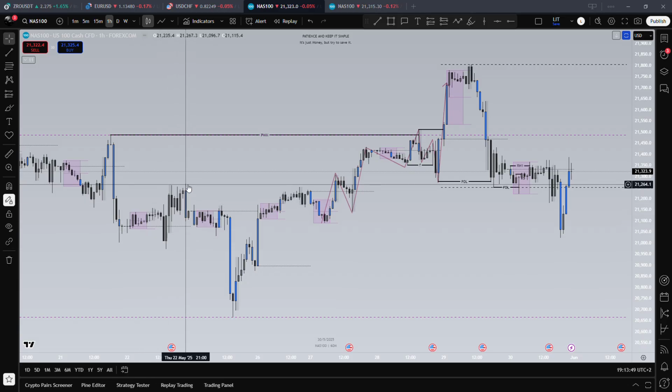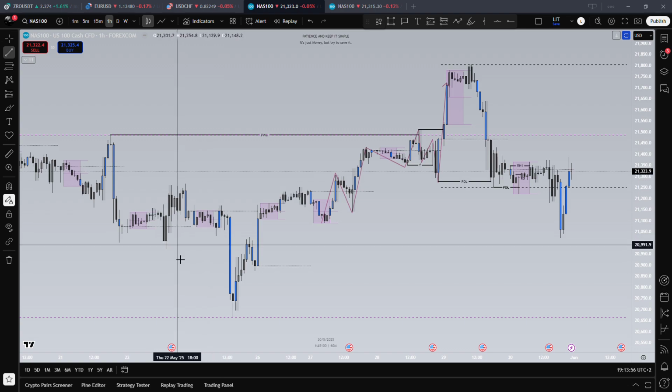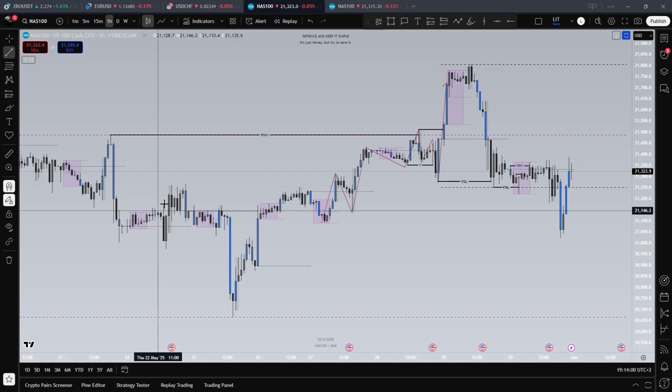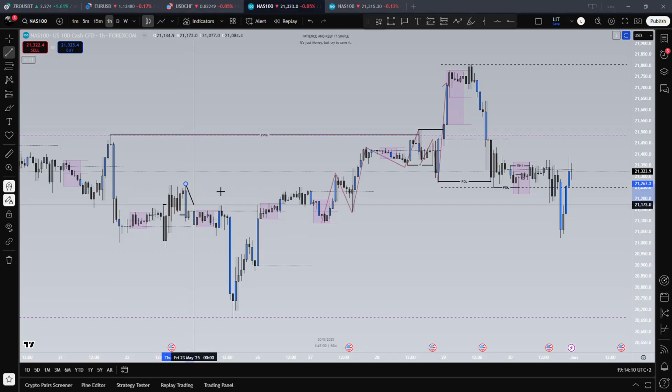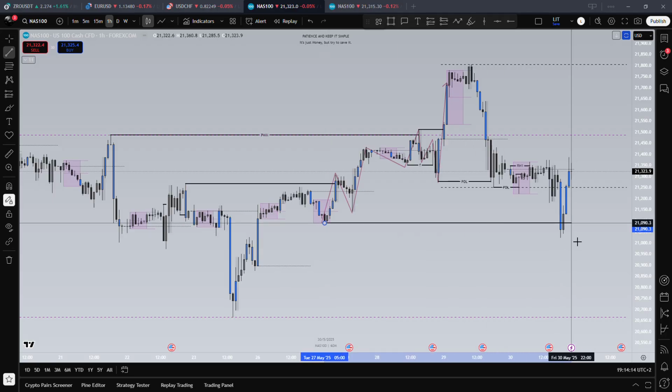Probably we took this because of the break of structure here. And then break of structures here, so this round liquidity probably.